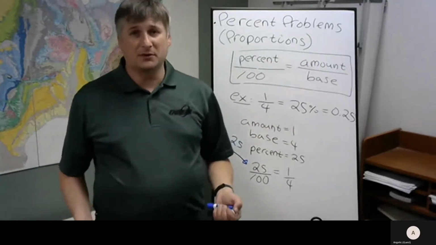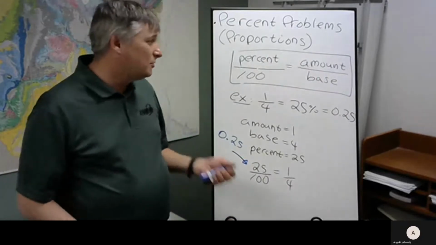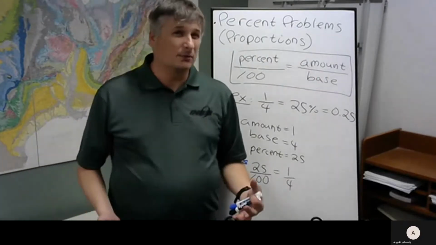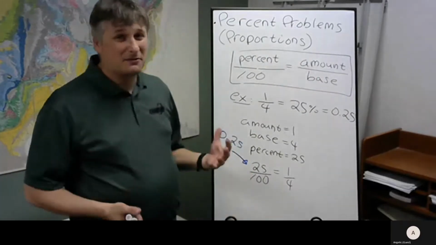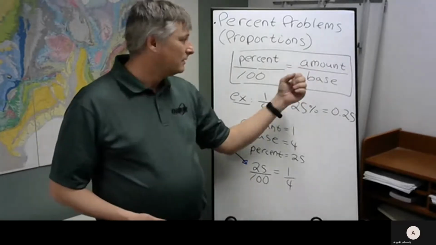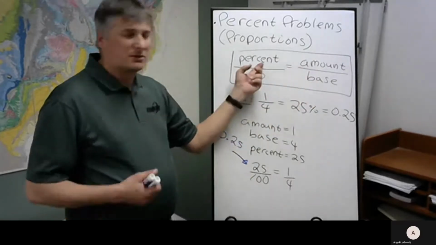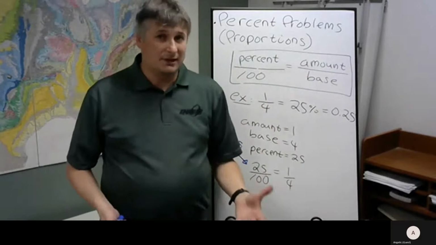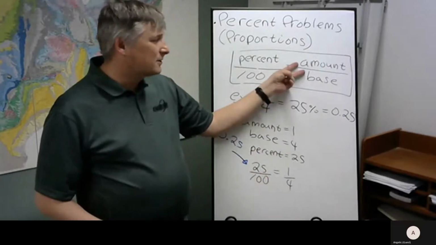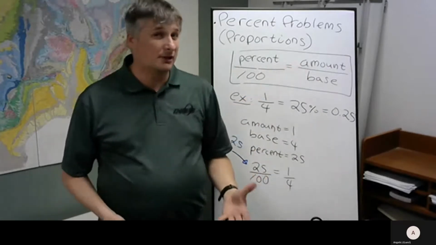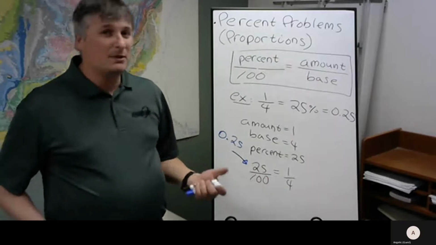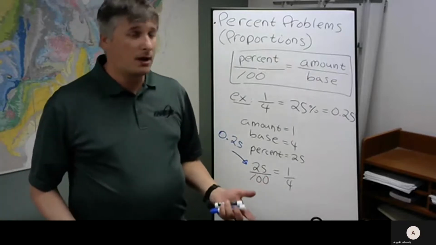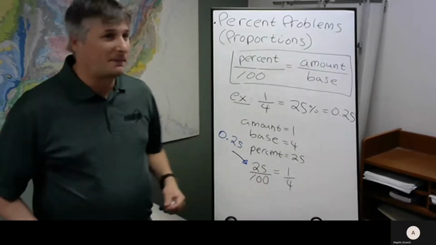We got to solve for the missing one. The tricky part is this usually comes in the form of like a story problem. So we have to be able to identify the amount, the base. The percent's not too hard. They'll frankly just tell us. But figuring out if we're dealing with an amount or a base can be a little tricky. So let's take a look. That means we got 3 types of problems that show up with this kind of formula.